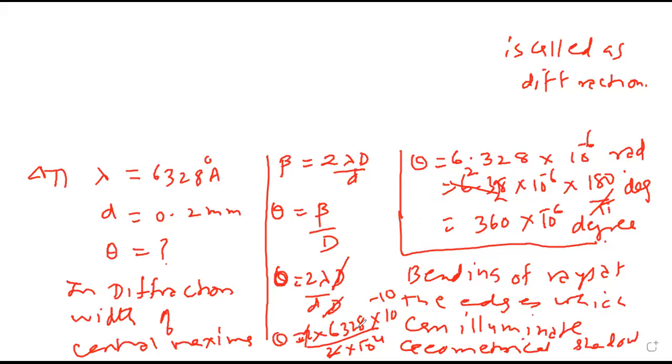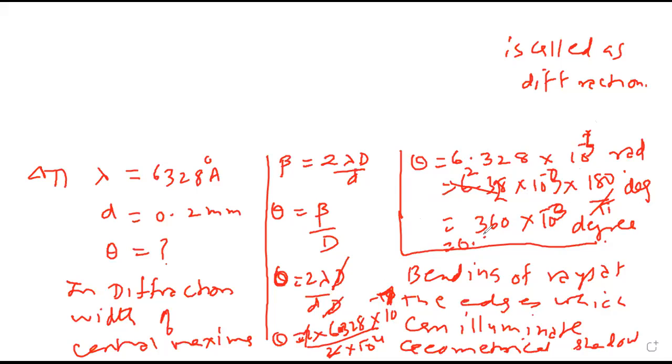One minute, a mistake happened here. When I take 6.328, then it will be minus 7. So minus 7 and this will become minus 3. This is also minus 3, minus 3.